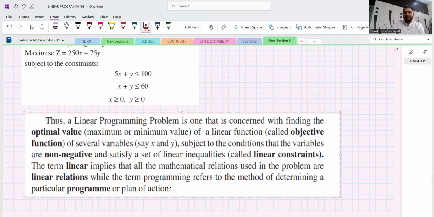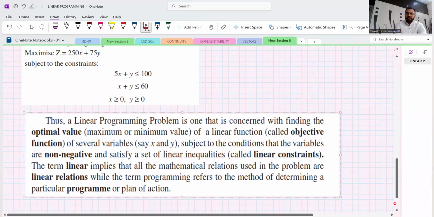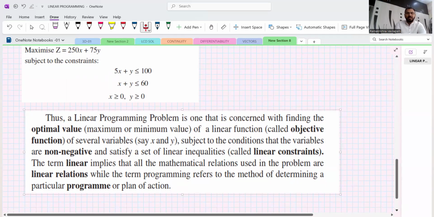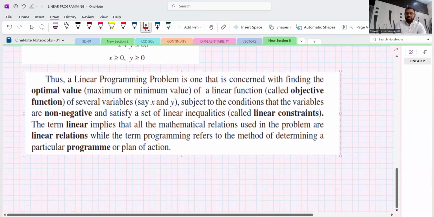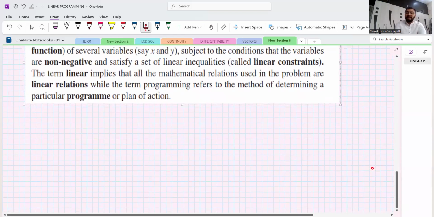That is known as linear programming. This subject is highly useful in higher dimensions, in big companies and production companies, where we use many variables, maybe 10 or 20 variables. By formulating the linear inequalities and giving them to the system, we get the solution.